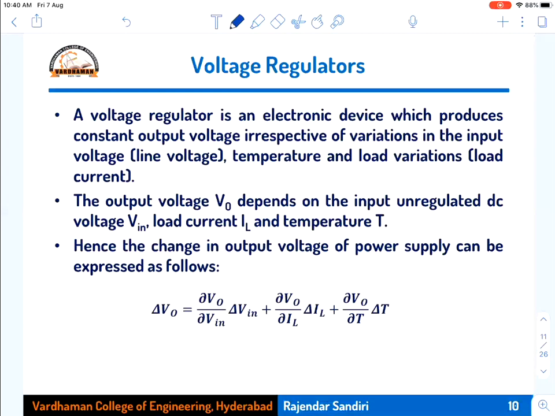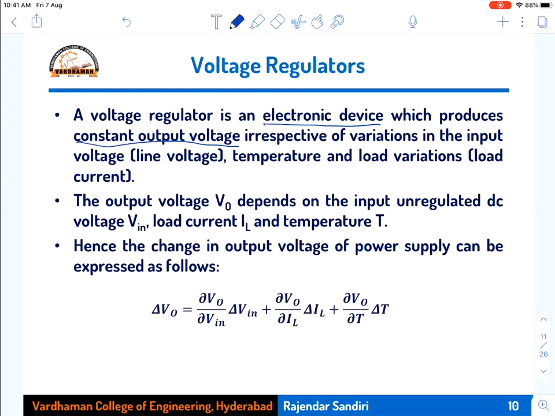So what is actually a voltage regulator? A voltage regulator is an electronic device which produces a constant output voltage, irrespective of variation in the input voltage. If I change the input voltage also, the output should be constant.